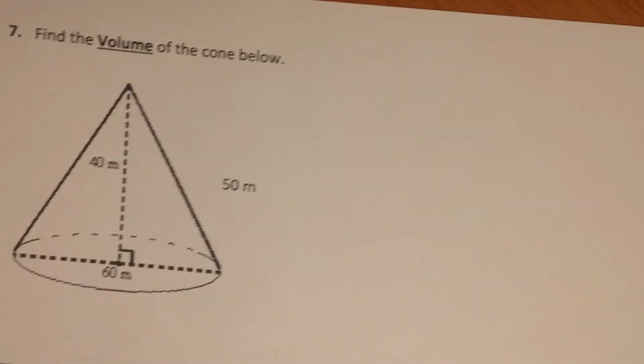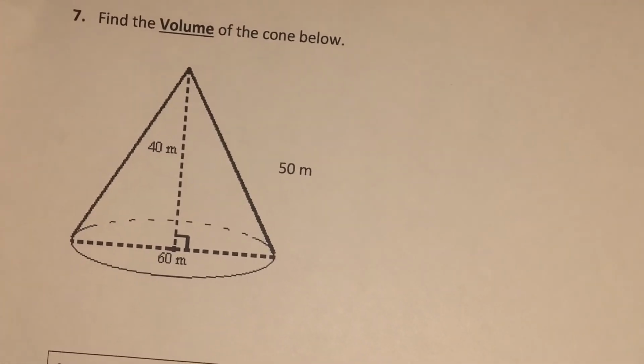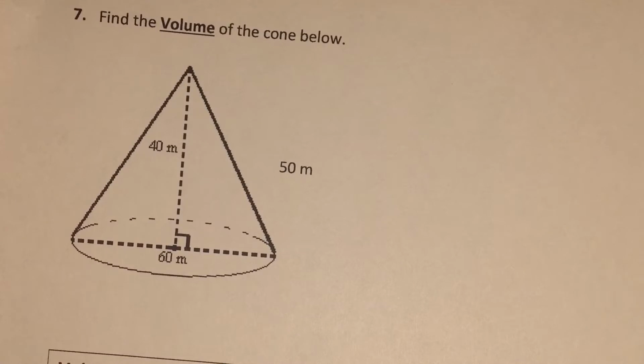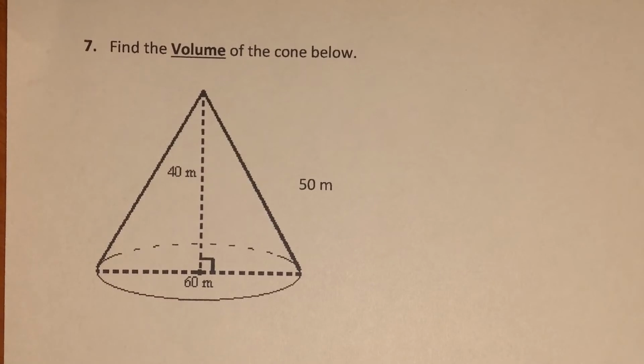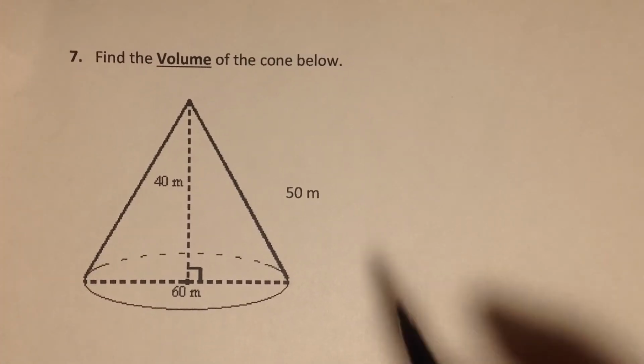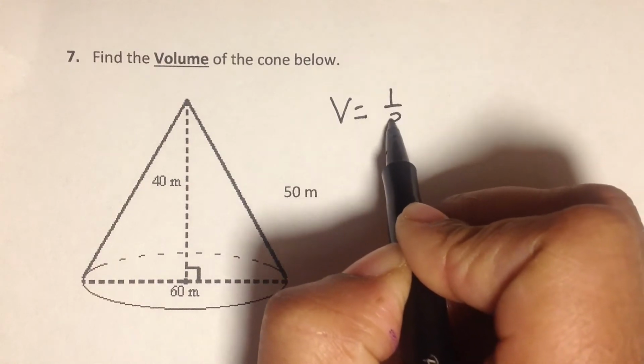We got to look at the cone. Now, one thing you realize about a cone is it looks exactly like a pyramid. Difference being, one big difference is that I have a circular base instead of a square or a triangle or anything like that. So it's the same exact formula.